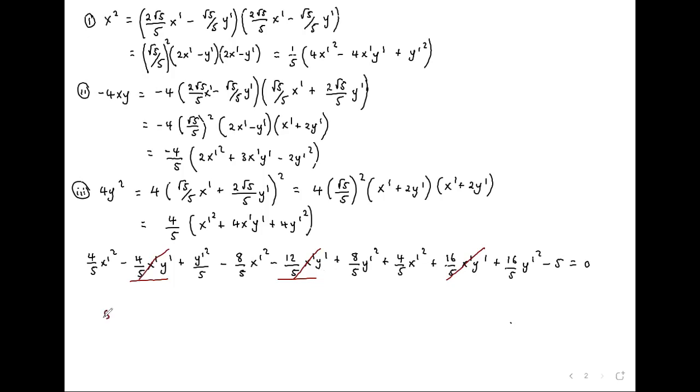So we have 5 down. So we get 4 minus 8, this one and this one, and then plus 4. I think that's all. This is x prime squared, and this is just 0.